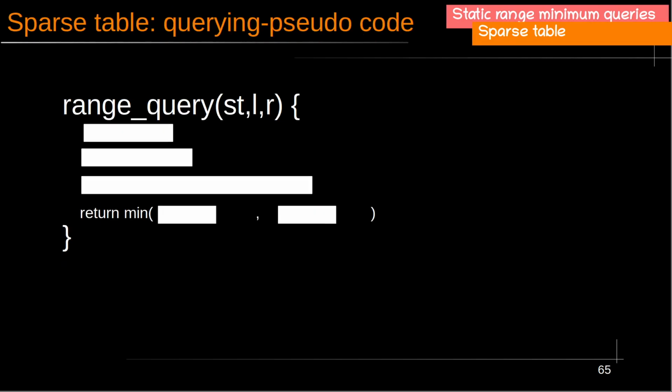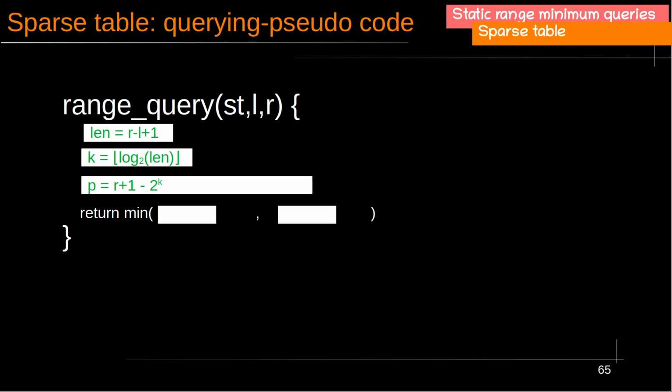The range query here takes as parameters the sparse table ST, the left boundary and the right boundary. First, compute the length, the number of elements in that range. Compute K, which is the greatest power of 2 that could be included in the sum of powers of 2.